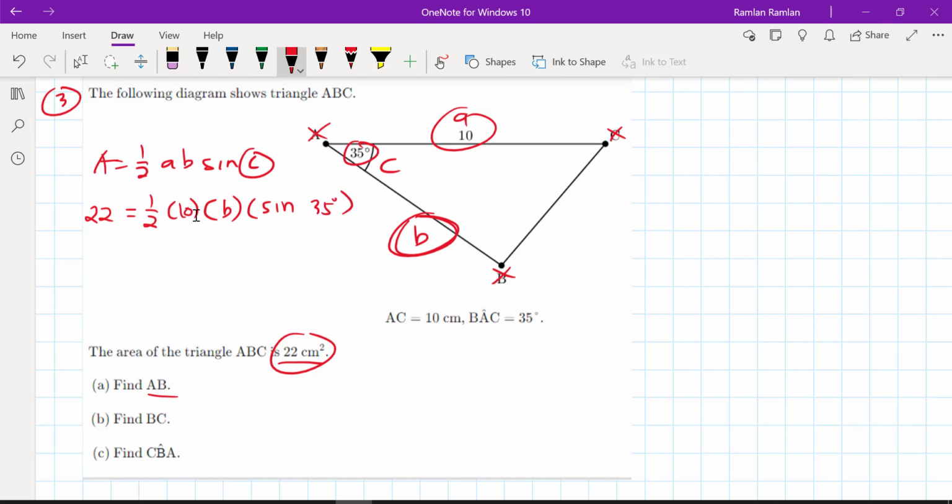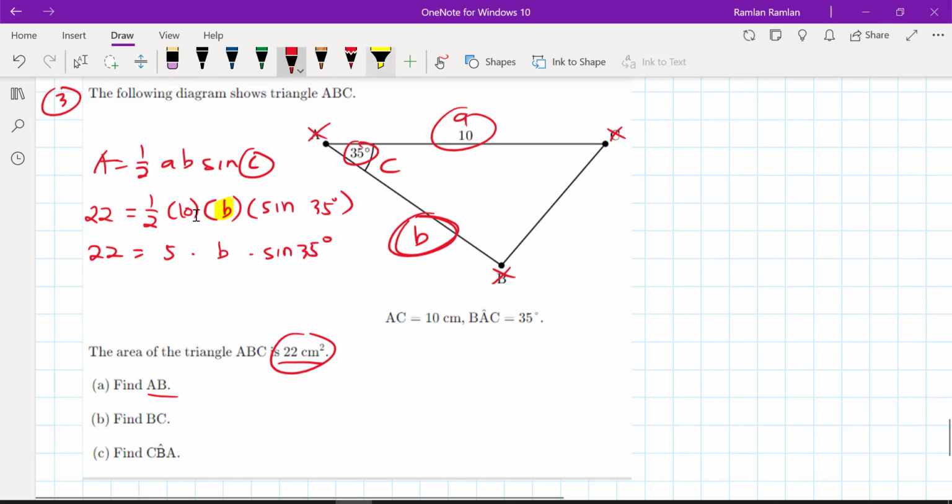So you only need to find the value of b. We only need to divide both sides by 1 over 2 times 10 times sine 35. I'm just going to rewrite that as 22 equals 1 over 2 times 10, which is 5, so 5 times b times sine 35, like this.